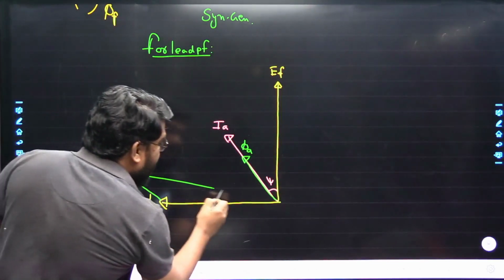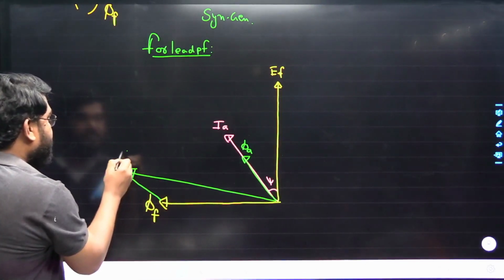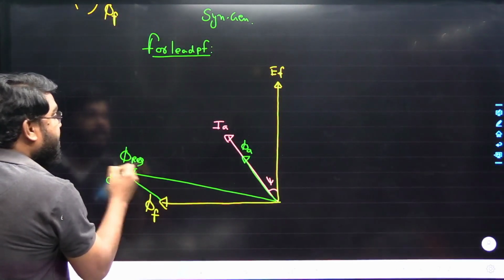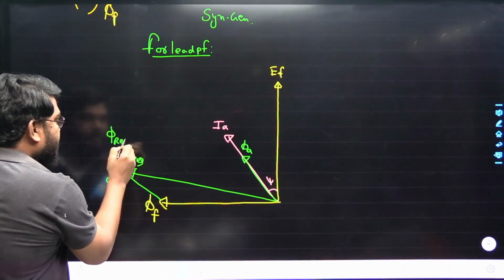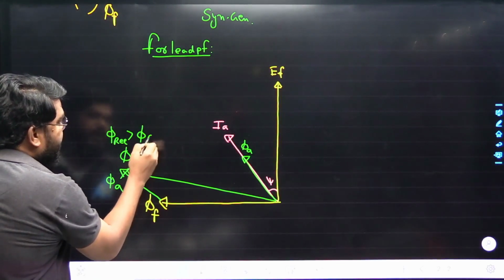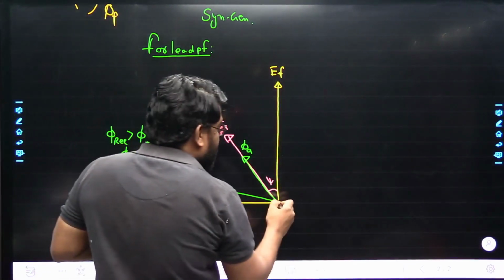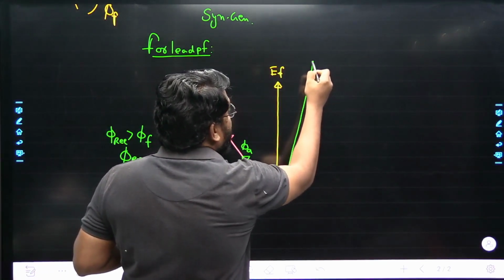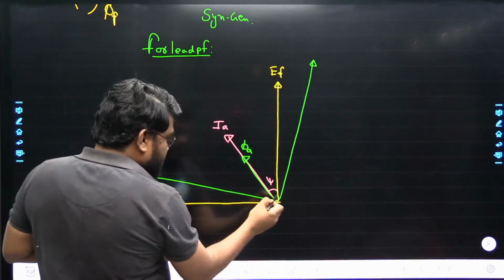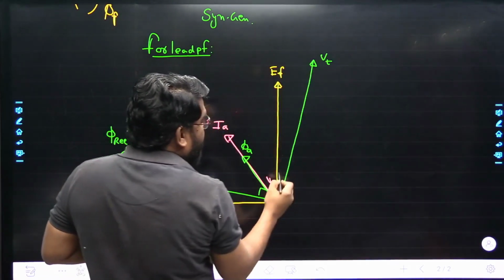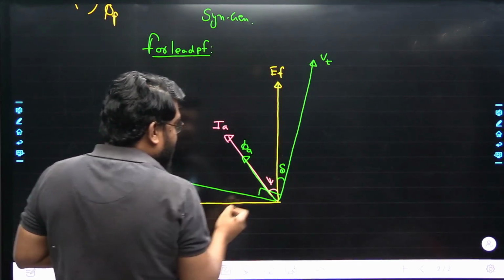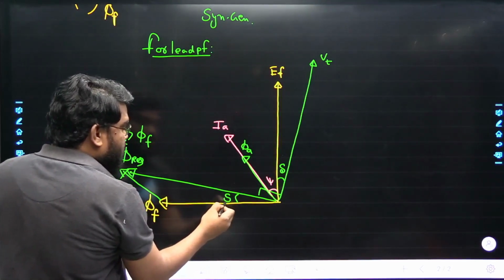The resultant flux phi R is greater than phi F. So the terminal voltage is more, the angle between them is 90 degrees, and this angle is delta.